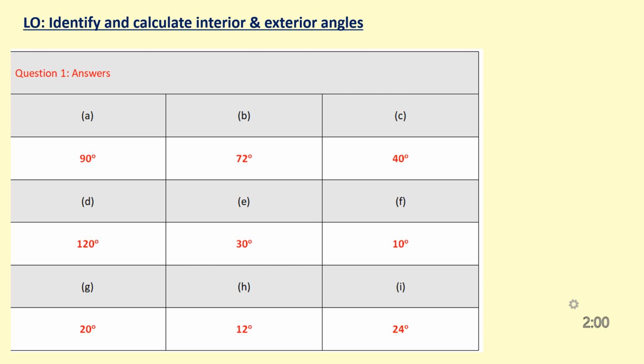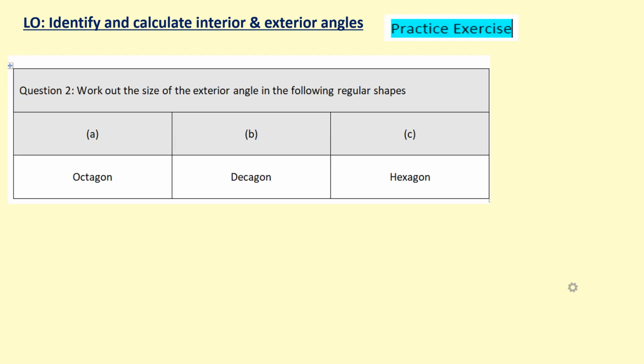Right then, I'm hoping for plenty of ticks, green ticks preferably. So get them answers down, pause the video, just give yourself a couple of minutes to get them done, make any corrections. Press play when you're ready to move on. There's that sound again. 3 more practice exercise questions for you to attempt, giving you the names of the shape this time, not the number of sides.